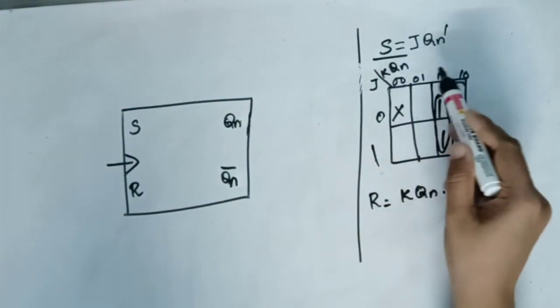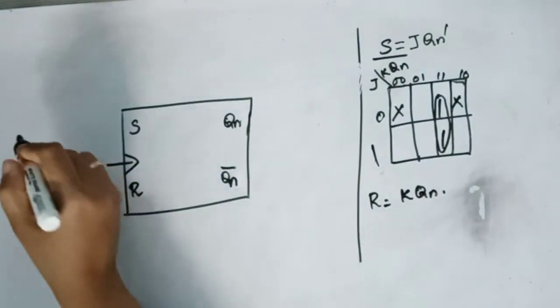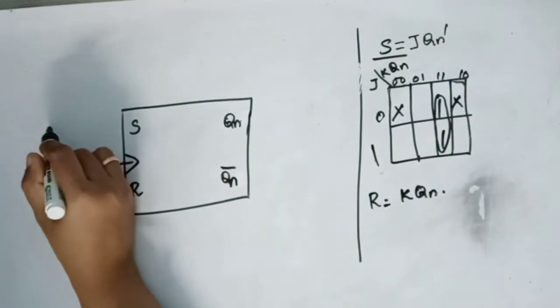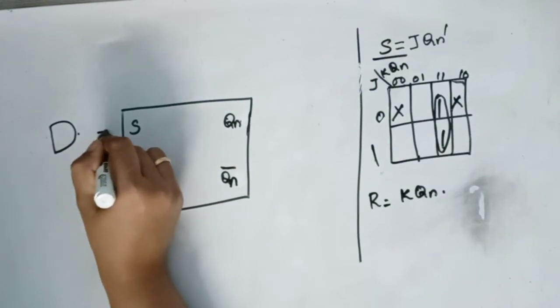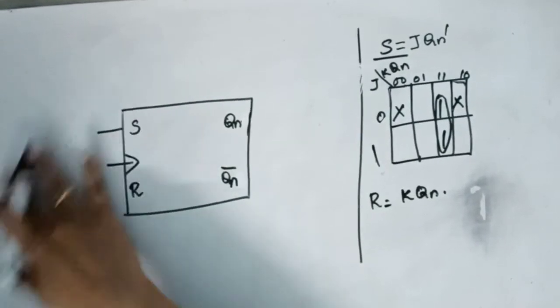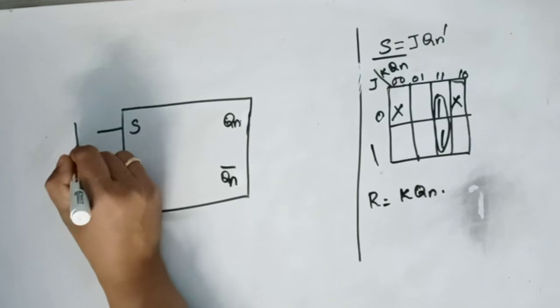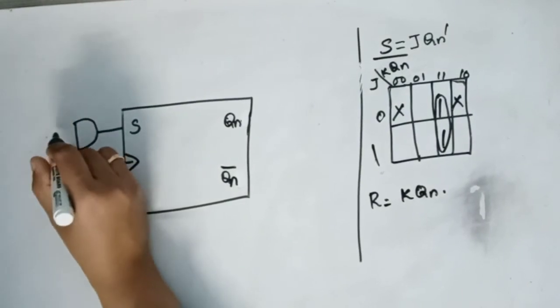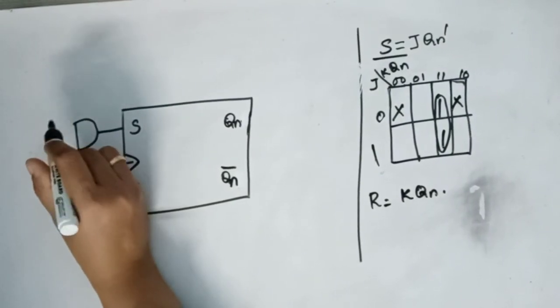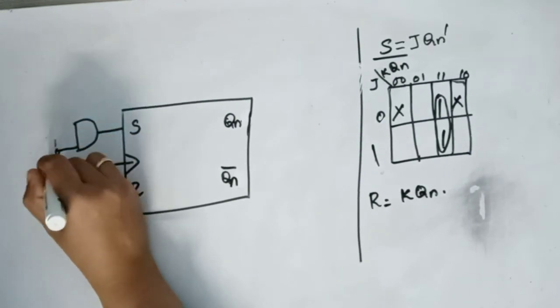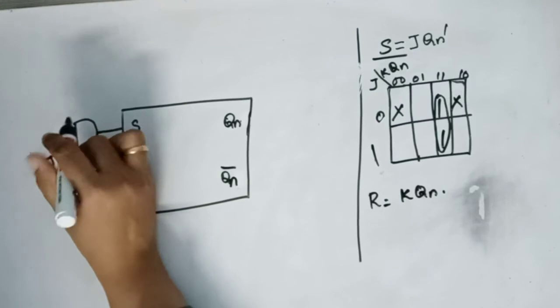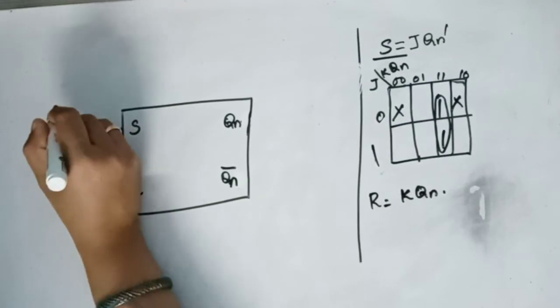So S equal to J Qn bar. So that is an AND gate. Output of the AND gate is S equal to J Qn bar.